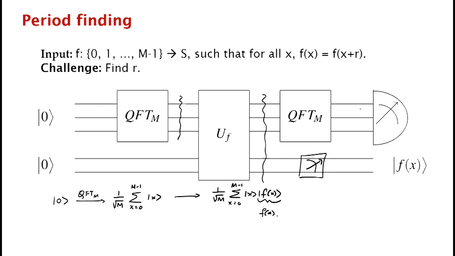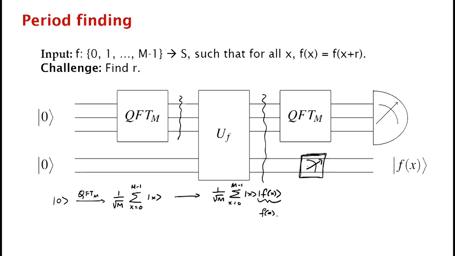In the circuit that I drew out before, I had not put in this measurement on the second register, and it turns out that you can either do this measurement or not do the measurement. The result is always the same. Maybe at some point we'll talk about this further, but it's something called the principle of deferred measurement.